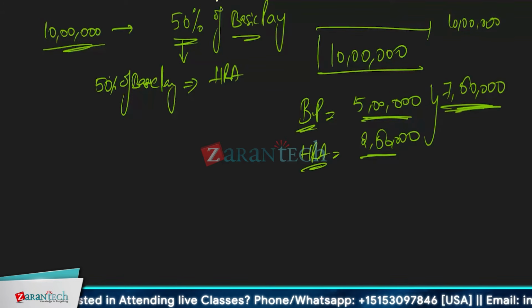The rest will be something like mobile and conveyance allowance and so on. Whatever allowances they have, they will just divide the rest of the amount among these different components. But this is how it is. Now if you want to configure this in Workday, how would you configure it? You will create a salary plan.